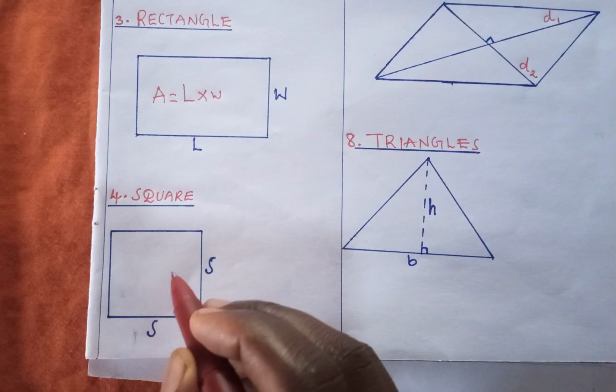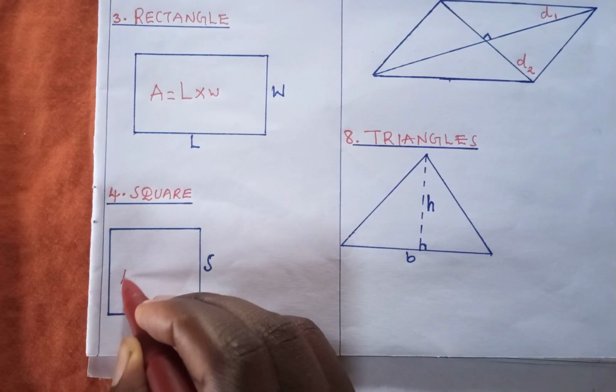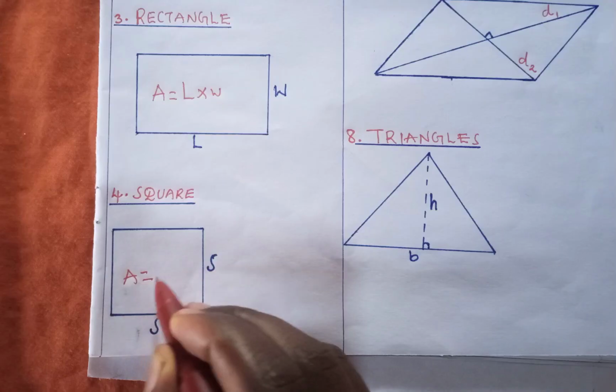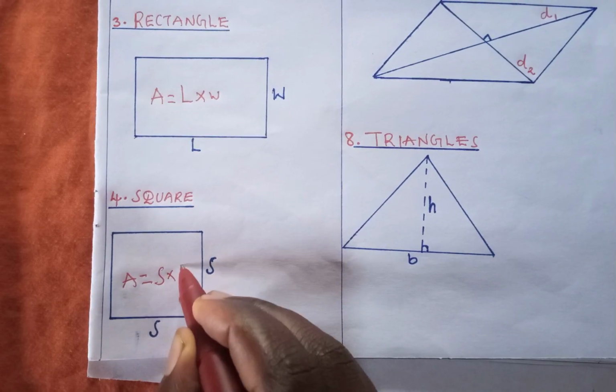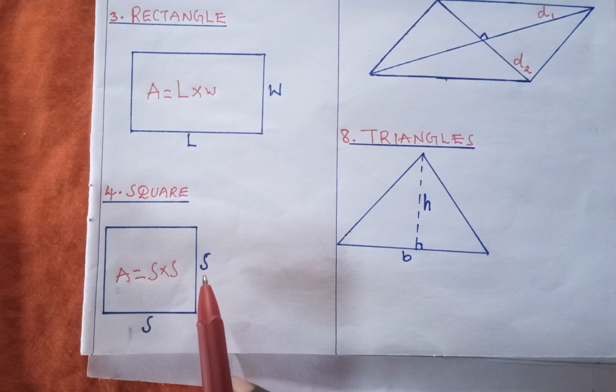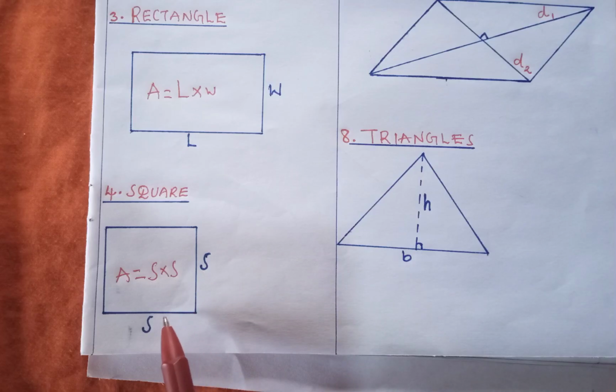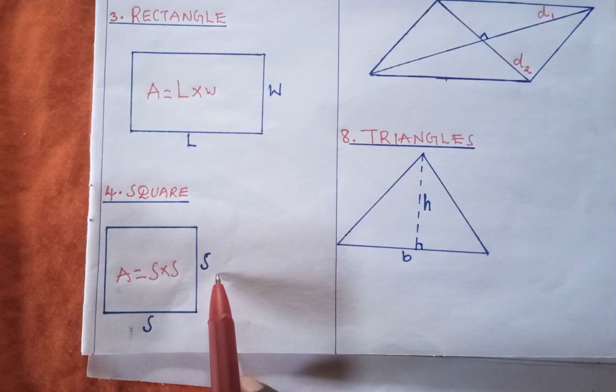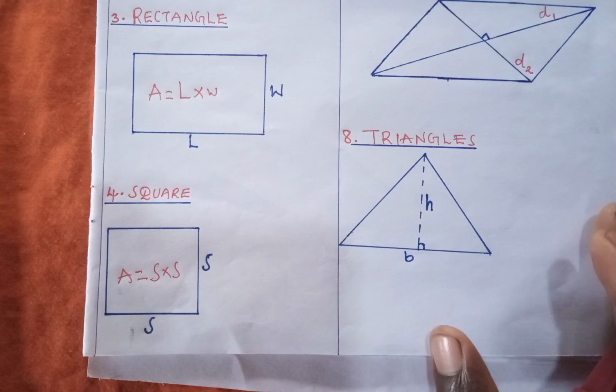Therefore, the area is side times side. For example, if you have 4 here, the same 4 will appear on this other side. That is why we are saying side times side.